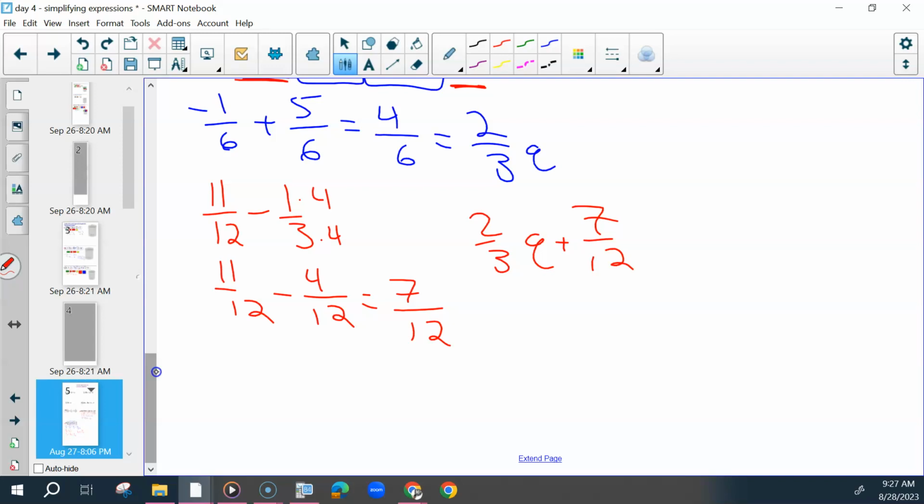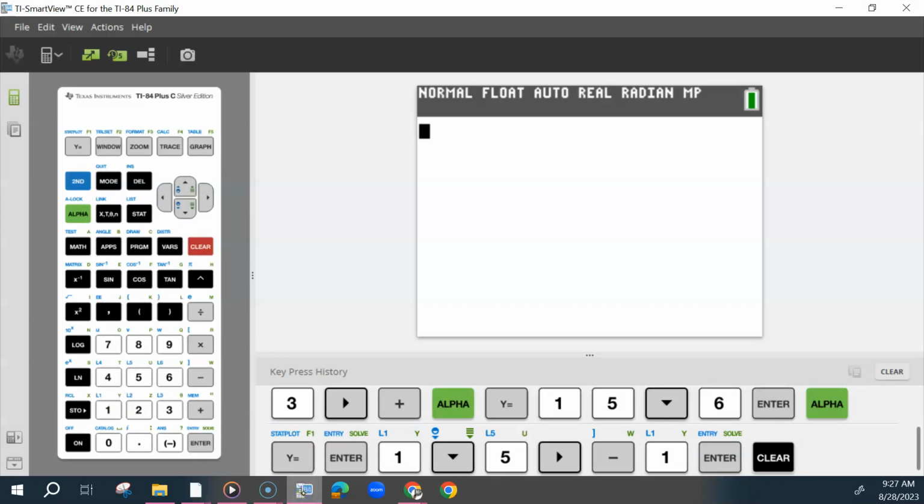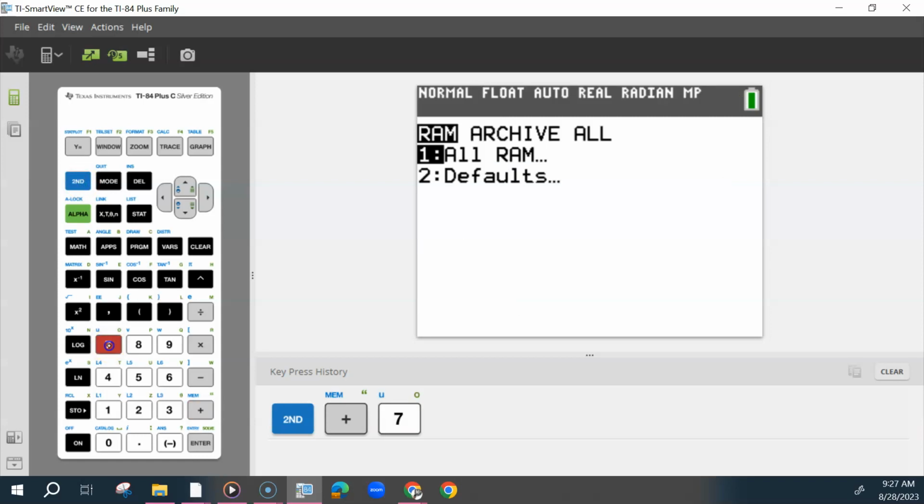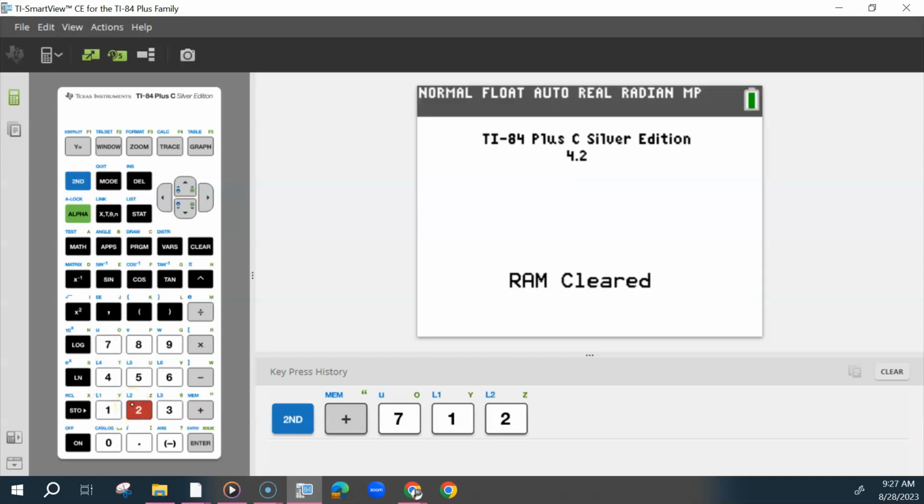At this point, if you do not have your calculator, go grab that because you'll need it for this part. Before we do anything, I want you to hit these buttons. Second, which is blue in the corner, plus, and then the number 7, 1, 2. Whatever I press up here will be down here. If you missed what I said, you can always look back up there. But second in the corner is blue, plus 7, 1, 2. That will reset the whole calculator.